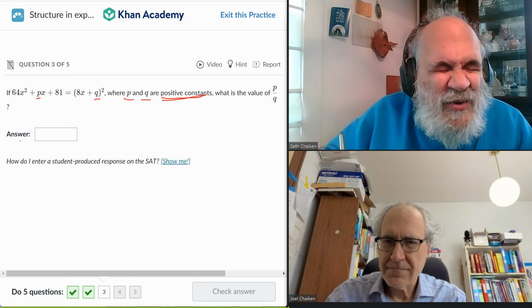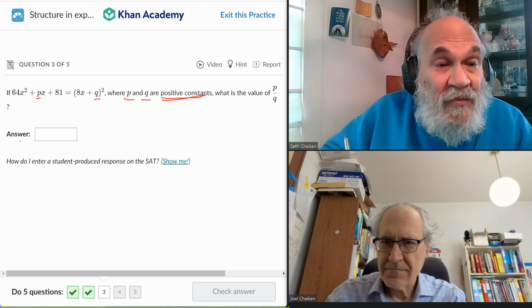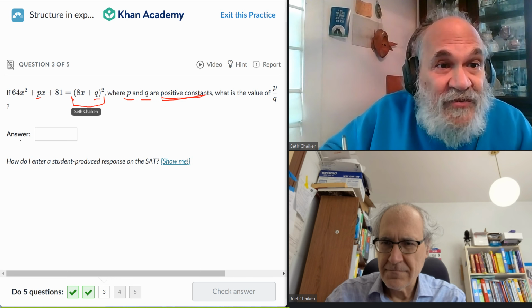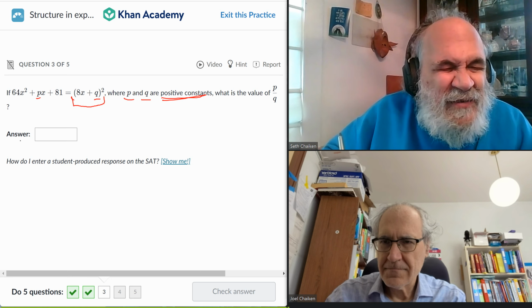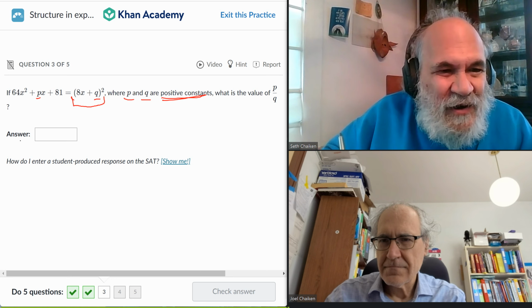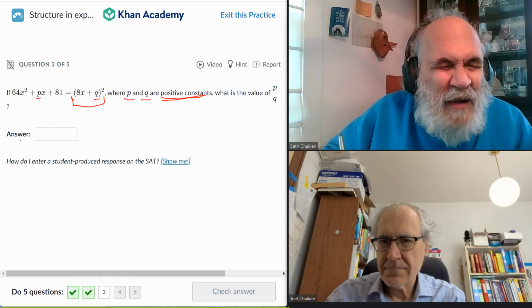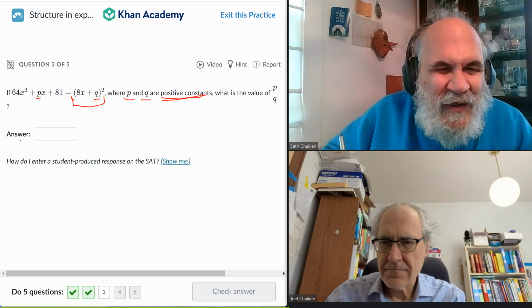So what I'm going to do is multiply out the right and see what the coefficients of the different powers of x are. For this problem, I don't need the coefficient of x squared.